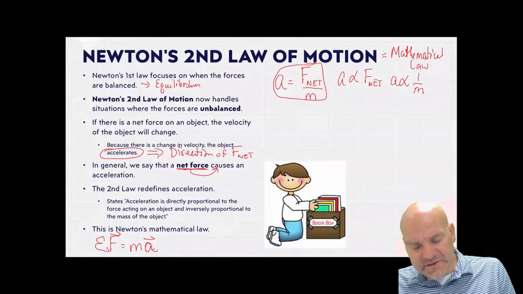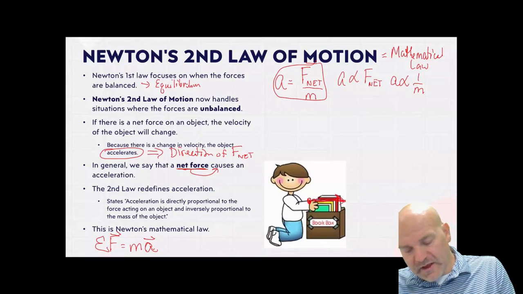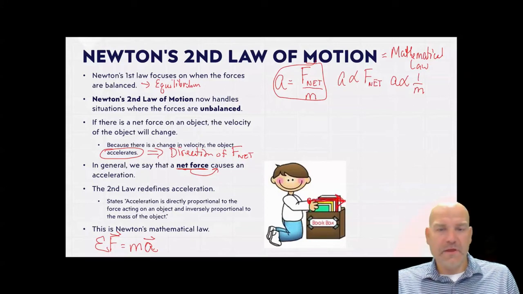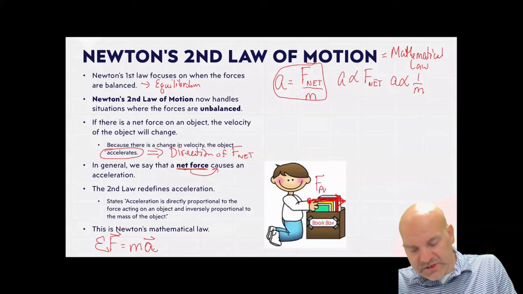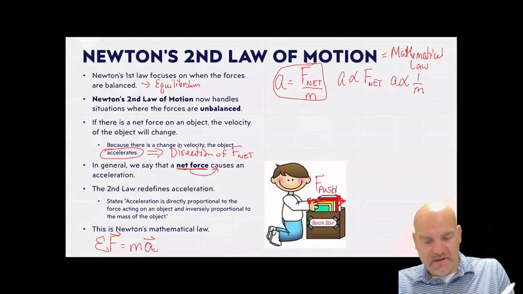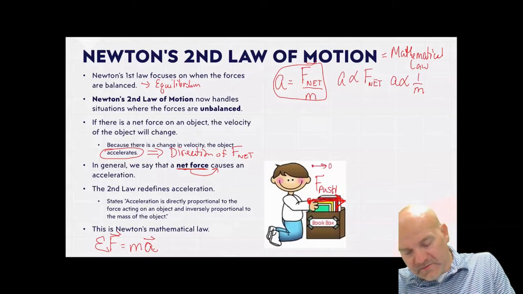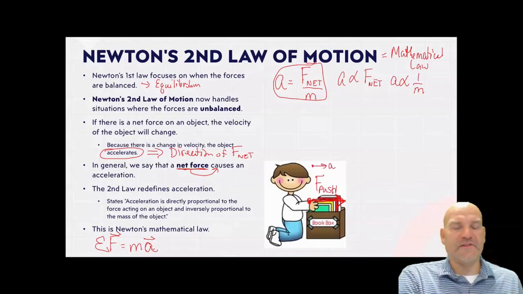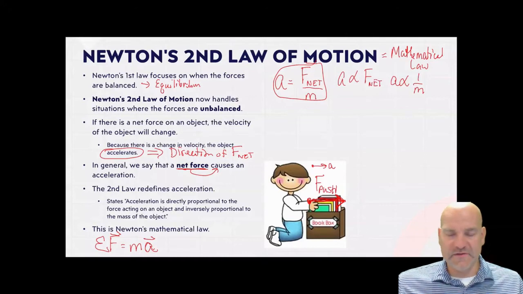In this picture, if this box is originally sitting still and this boy pushes it to the right, the push will unbalance the forces acting on it, and the object will accelerate to the right. Remember, it accelerates in the direction of the net force.